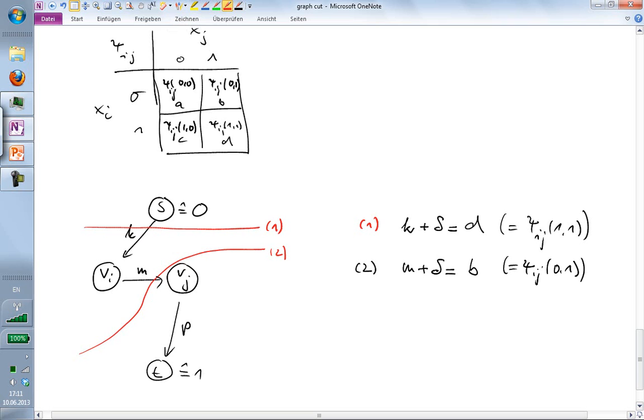I can have a cut 3, which gives me another condition, namely that P plus delta should be A. Cut number 3 assigns vertices i and j to class 0, so that corresponds to A. And finally, there's just one possible cut left.